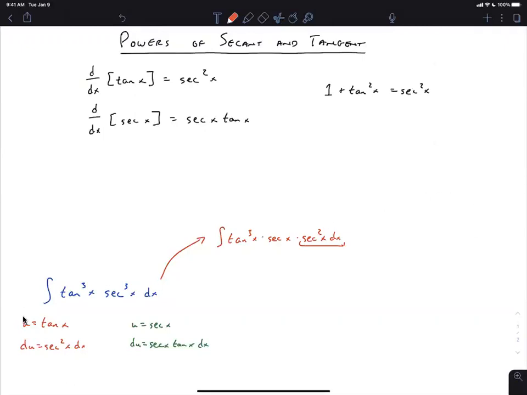I need to rewrite the one that's not u. So if I'm going to do this approach, I need to rewrite secant. And the fact that secant has an odd power at that stage, that's bad, because we're going to get a fractional power when we rewrite it. Does that make sense to everybody? Okay, so that being an odd power is bad.